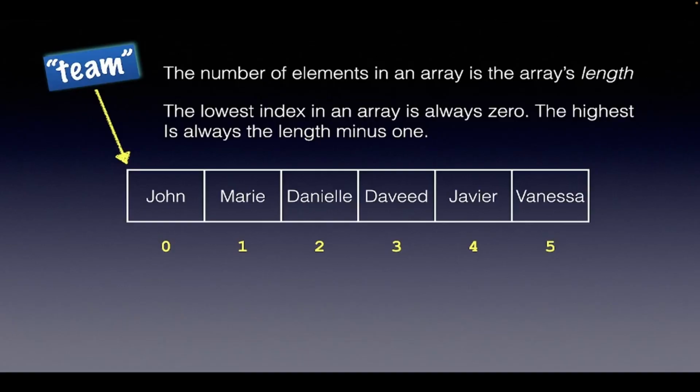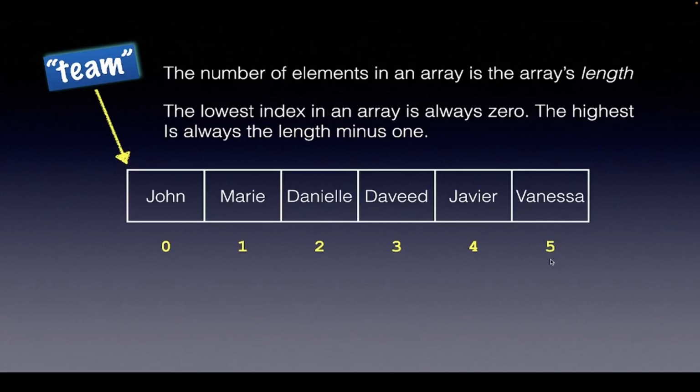The lowest index number in an array is always going to be 0 because that's where we start counting. And the highest index number, in other words, the last element in the array, is always going to be the length minus 1. So if the array's length is 6, the highest or last index is 5.